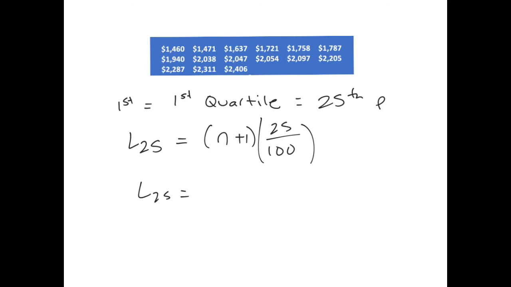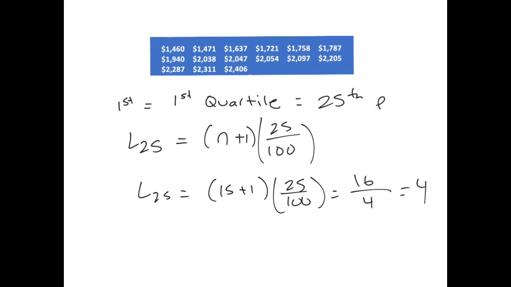So L of 25 is 15 plus 1 times 25 over 100, or basically 16 divided by 4, which is 4. This tells us that the location of the 25th percentile, or the first quartile, is the 4th observation. So let's count: observation 1, 2, 3, and 4.